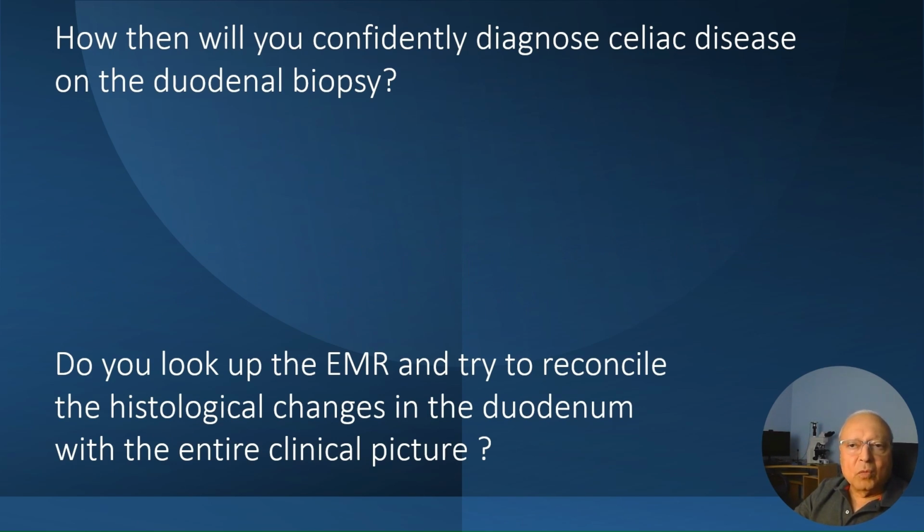So one of the ideal ways is to look up the electronic medical record and try to reconcile the histological changes that you see, regardless of the Marsh grade, with the entire clinical picture. And that includes the clinical profile, the gluten exposure, and also the serology.